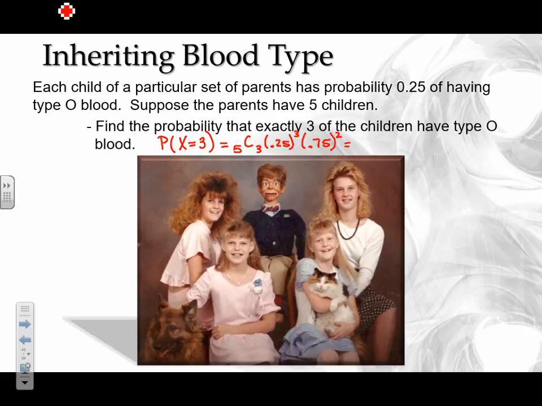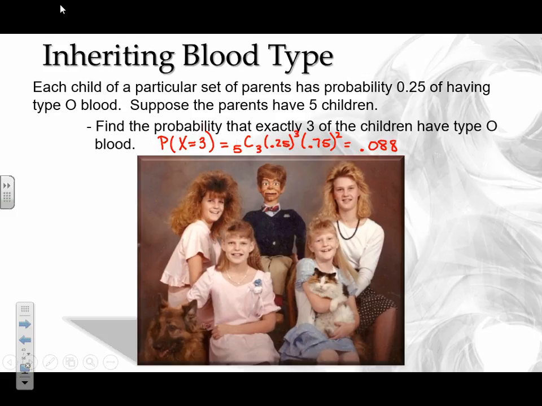What'd you guys get? 0.08789, so on, right? So one of the things, make sure you know how to type this in. So 0.08789, so we can go ahead and go to 0.088, okay? So this tells us that there's approximately an 8.8% chance that 3 of the kids in this setting will have type O blood. Okay with that?